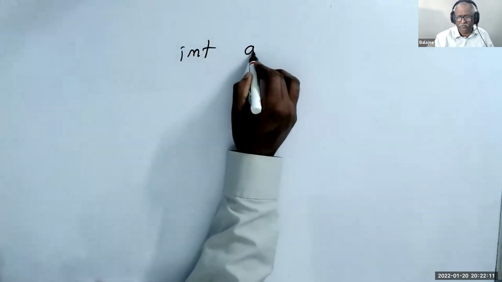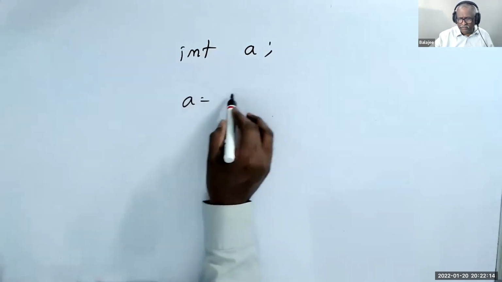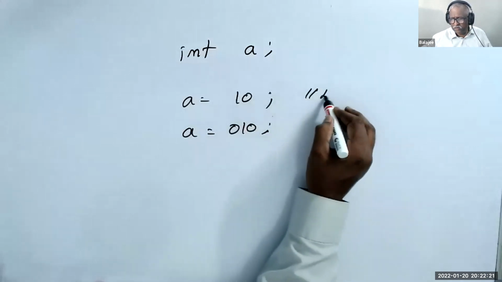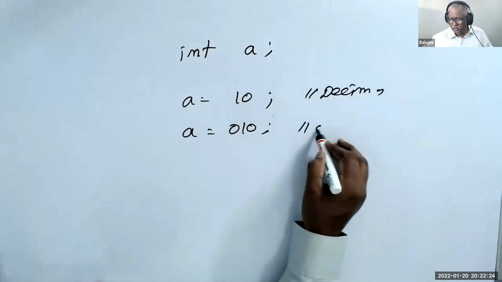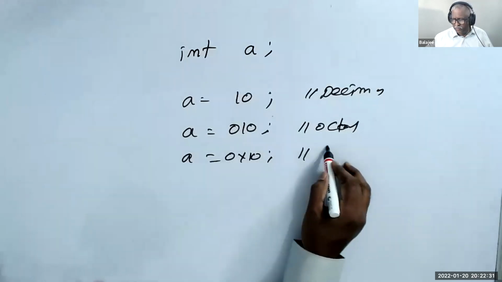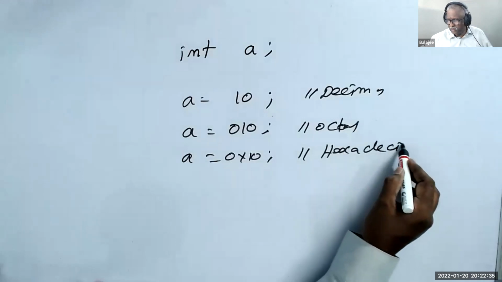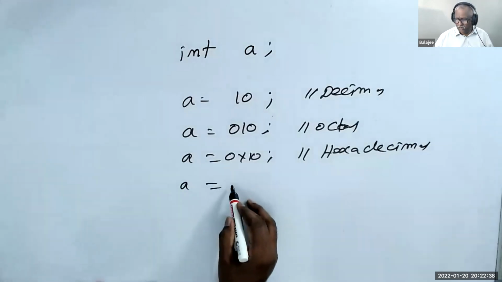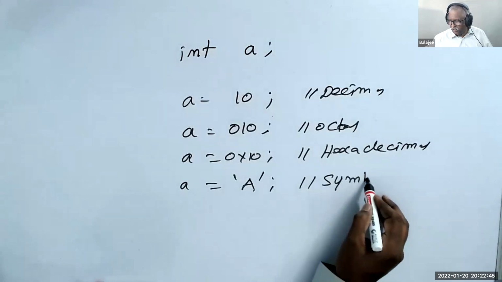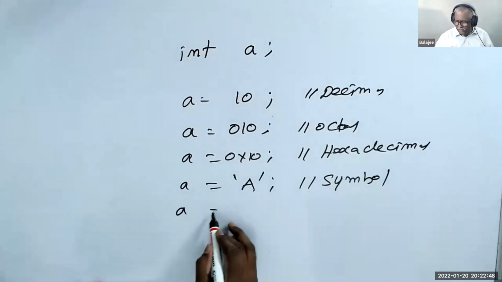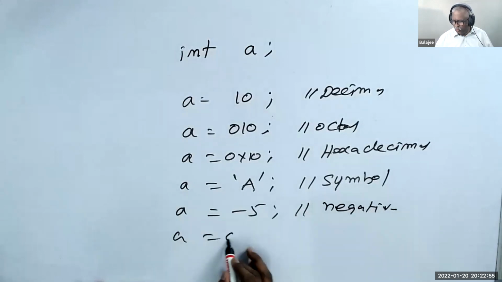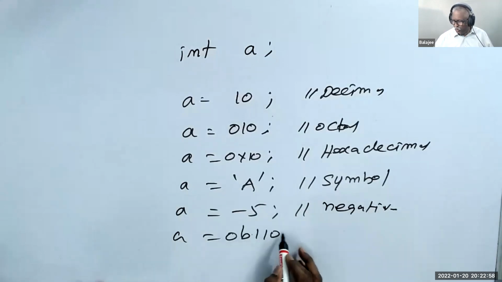When I say int a, I can say a equal to the number 10, or a equal to 010 octal, decimal, or a is equal to 0x10 hexadecimal, or a equal to, within quotes, a, a symbol, or a equal to minus 5, negative, or a equal to 0b1100, 1110, binary.